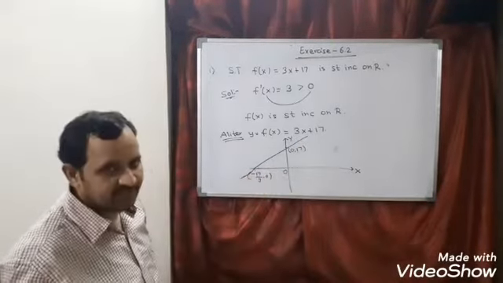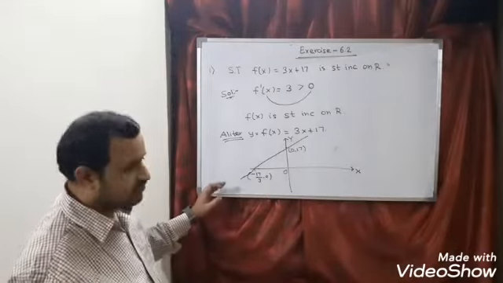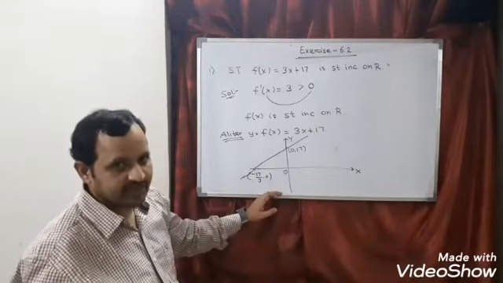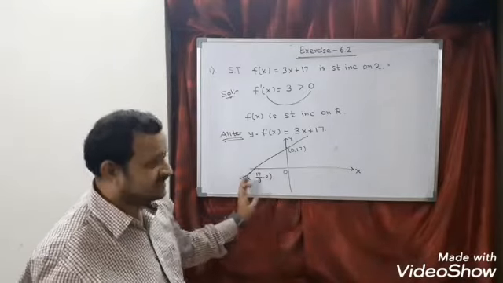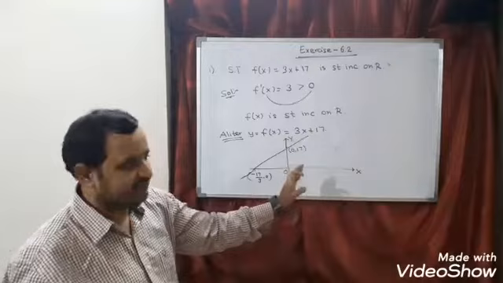So tell me, is the graph increasing or decreasing? I told you, in mathematics we have to analyze from left to right. So you can see here, the graph keeps on increasing from left to right.